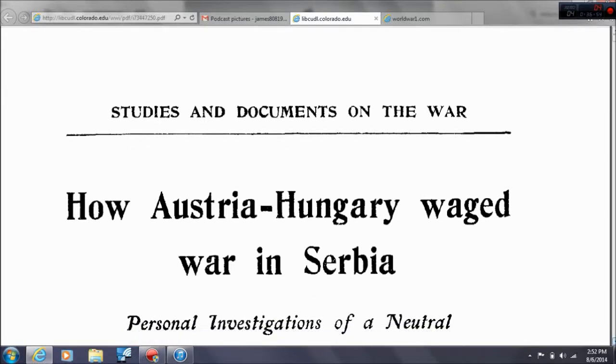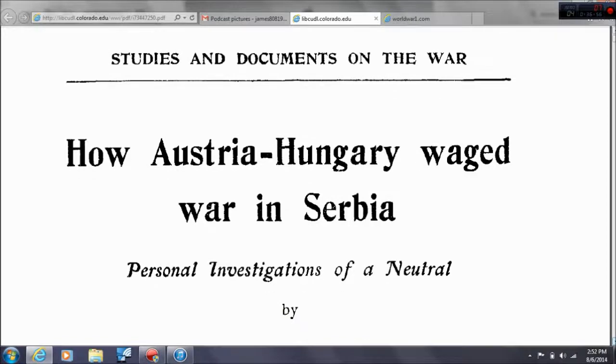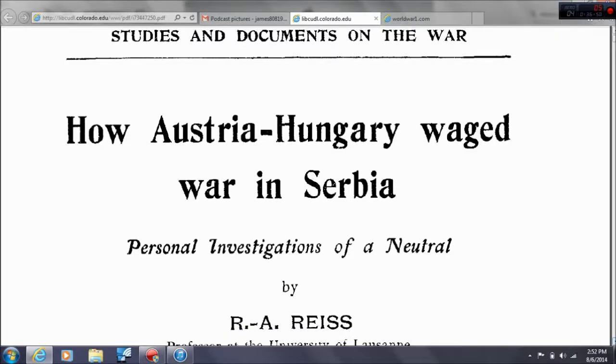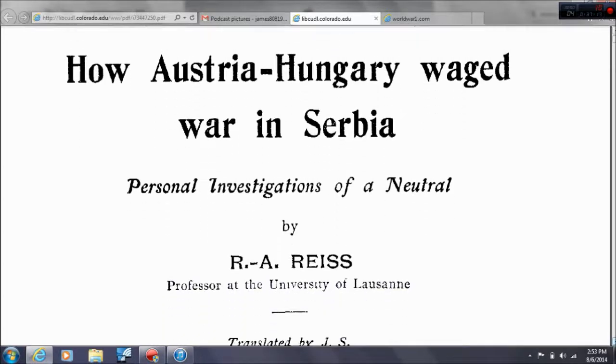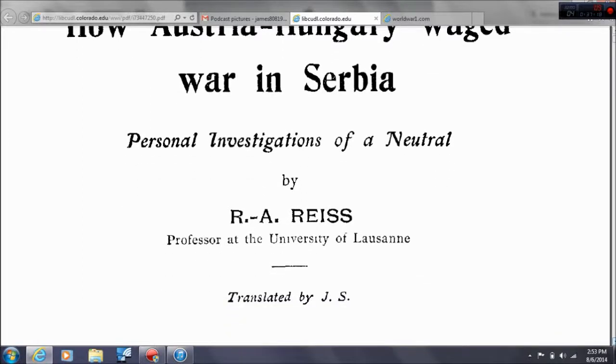And so that leads us into our next point, the R.A. Reiss report. You're looking at the actual document itself. It's on my computer. The discipline of the Austrian army was already in question before the army crossed the border. One man would do much to investigate the atrocities carried out in Serbia, in a work titled How Austria-Hungary Waged War in Serbia: A Personal Investigation by a Neutral, by R.A. Reiss, professor at the University of Lausanne, which is in Switzerland.